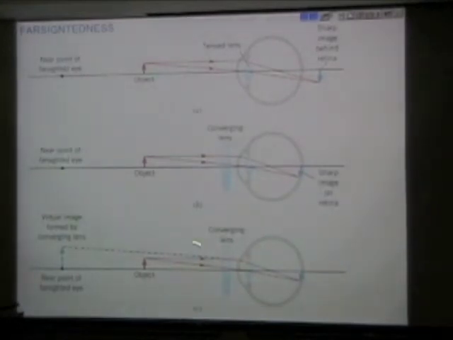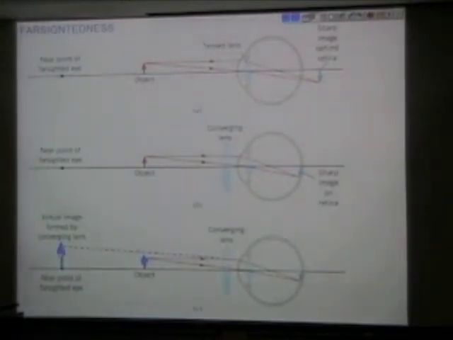And again, we can apply the same kind of reasoning. If you have an object placed somewhere here, like you want to read the paper, you want to make an image of this object at the near point of this eye.